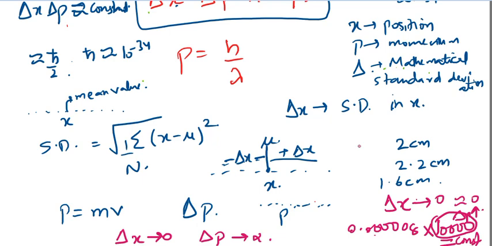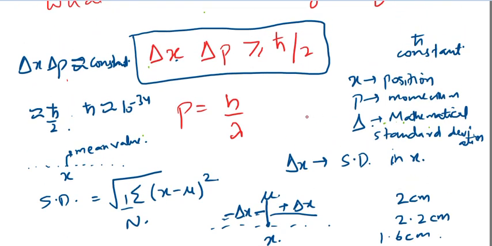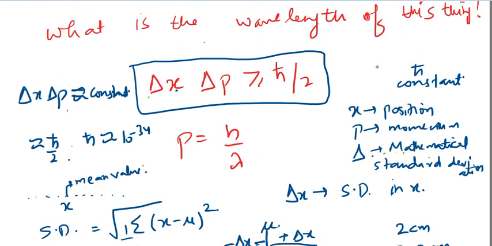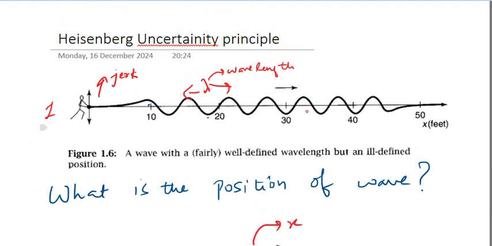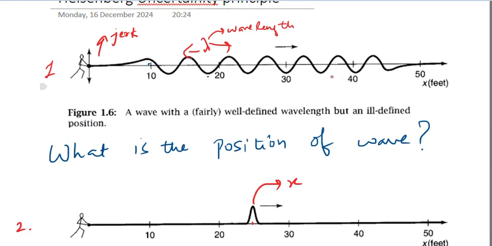Now I want to give you some intuitive picture. Actually, it's from the book of Griffiths. First, to give you a background about this picture: here you see a wave kind of pattern. You might ask me why we are choosing a wave.